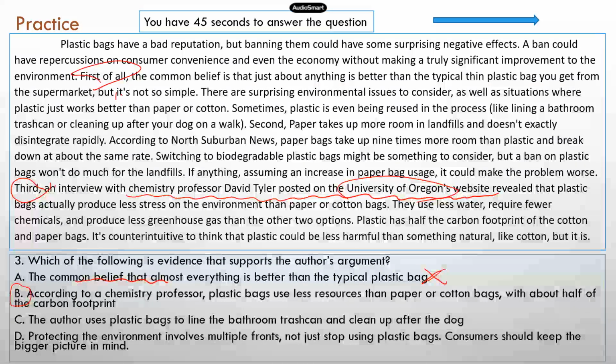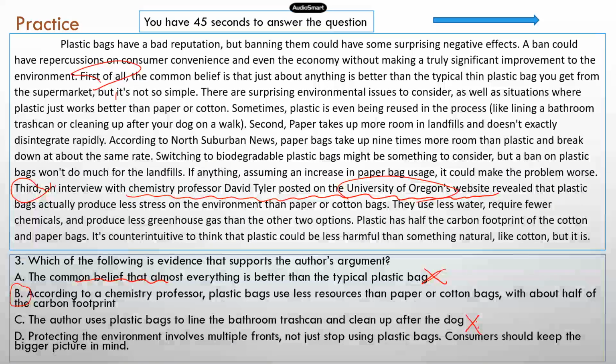That's going to be highly biased. So the fact that the author uses plastic bags does not suggest that everybody else does the same thing. It's just an individual behavior, so that's not good evidence. And also, the author does not specifically say that he or she actually does it, so that statement might not be true.